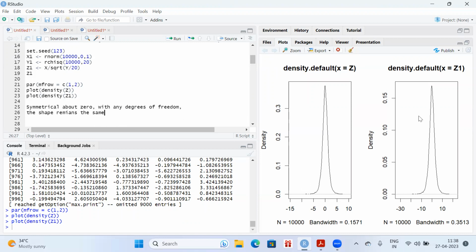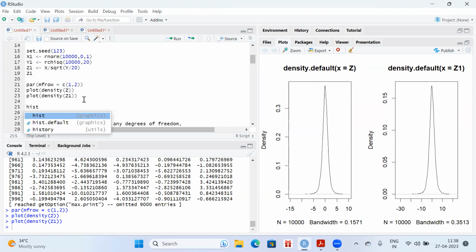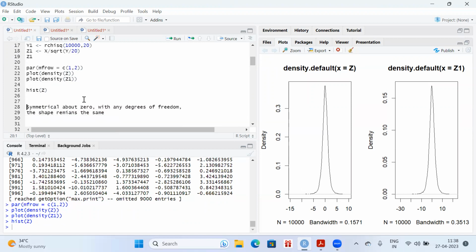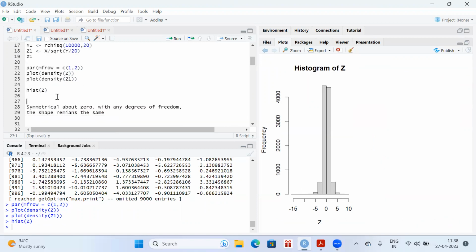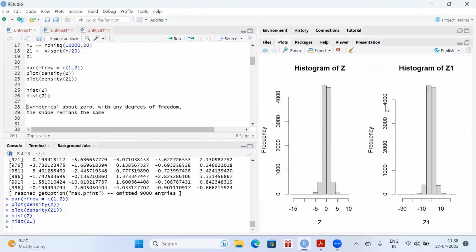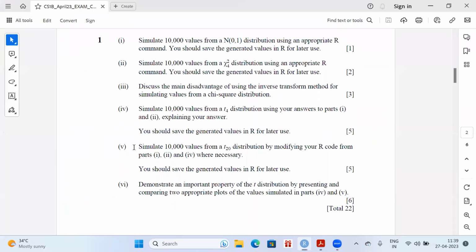The shape almost remains the same. You can draw a histogram also instead. If you do not want to draw the density, you can draw a histogram of Z as well as a histogram of Z1. Both work completely fine. You will see it's symmetrical about 0.